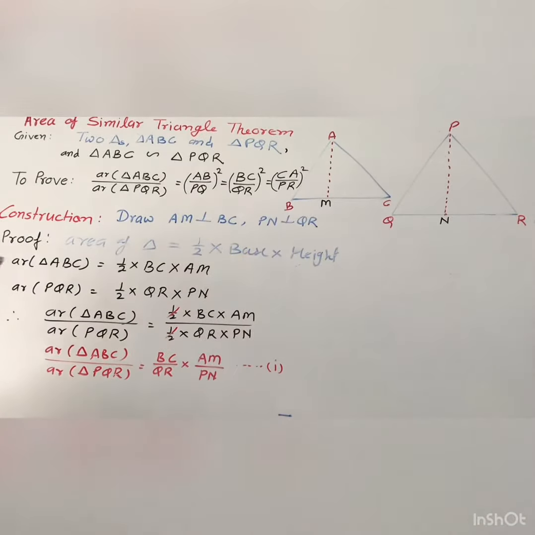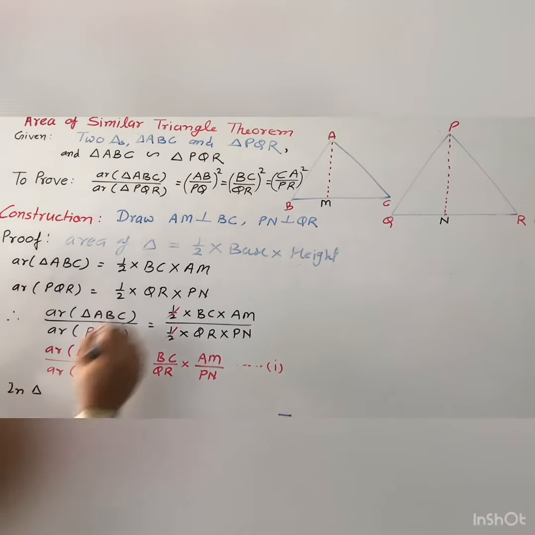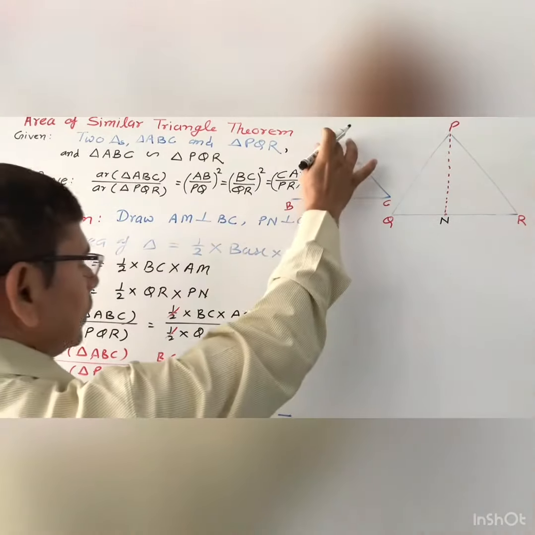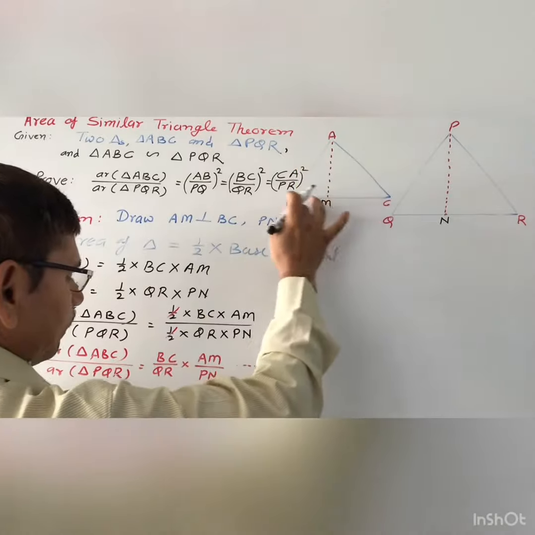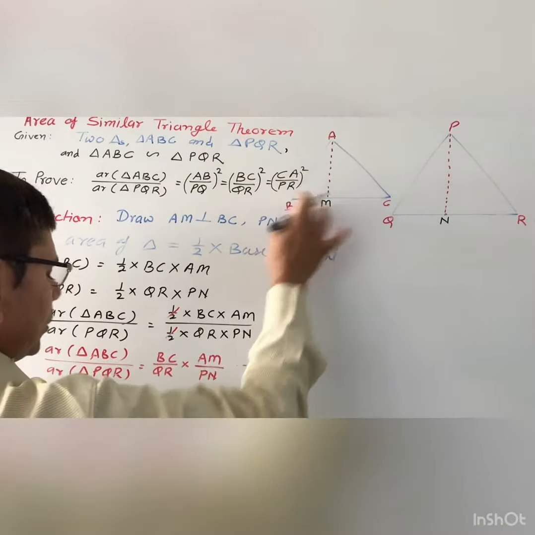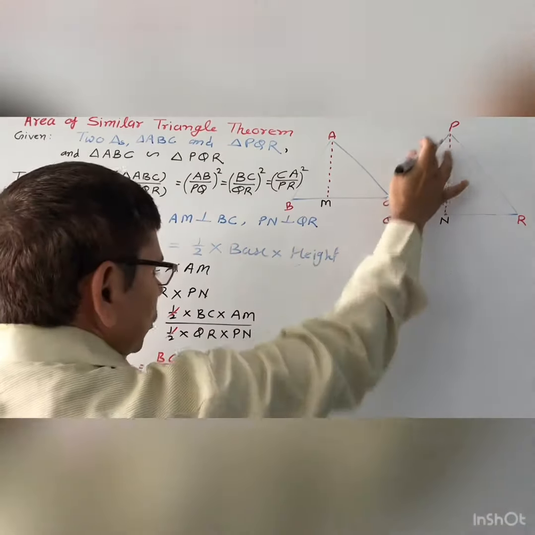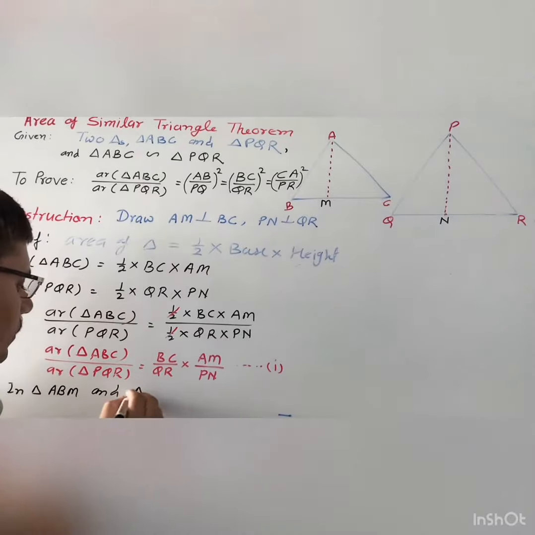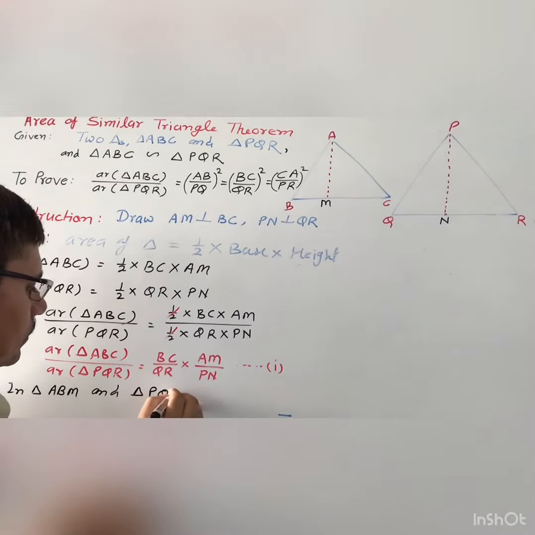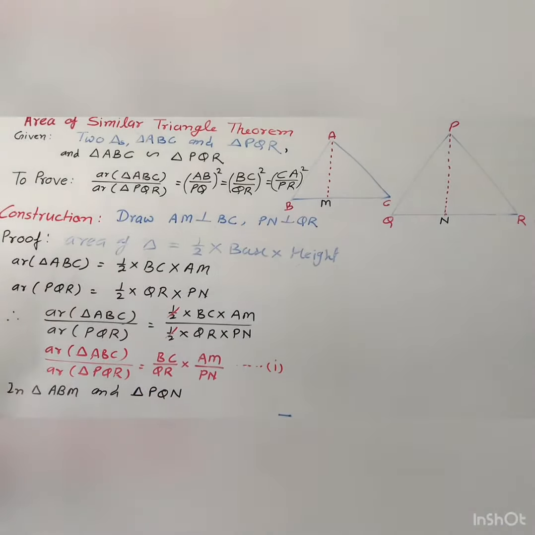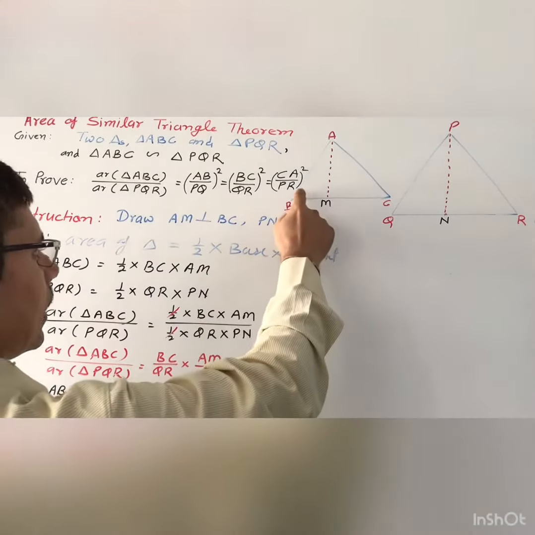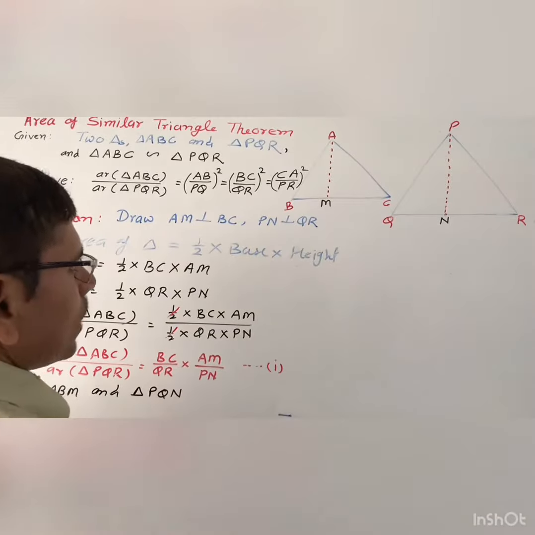Now we will take triangle ABM, AMB can also be written, otherwise ABM, and triangle PQN. Okay, what you write here, you can write angle B equal to angle Q.